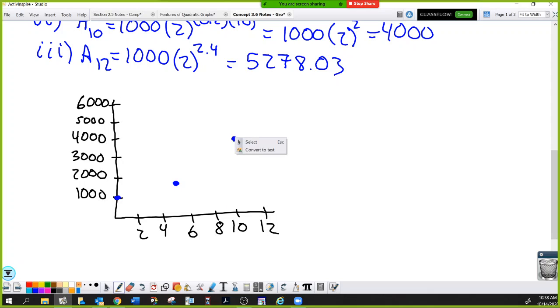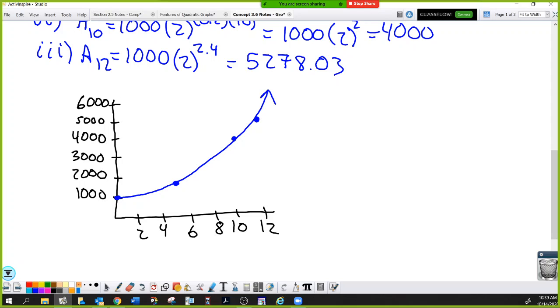There we go. And at 12, we got about 5.25 thousand. So if I had to guess, it looked like that. The point is the graph does this. So you can see it does have an exponential growth curve to it. Should be very, very, very easy to work with.